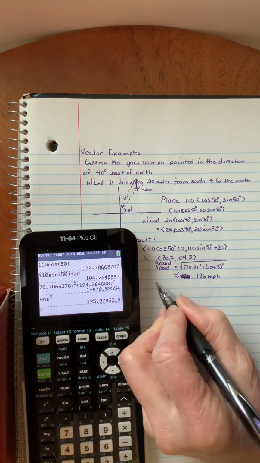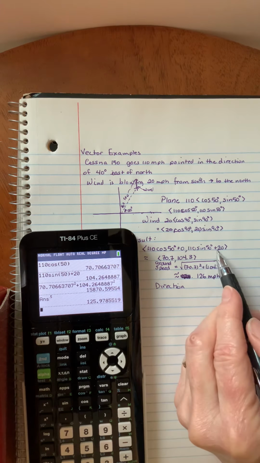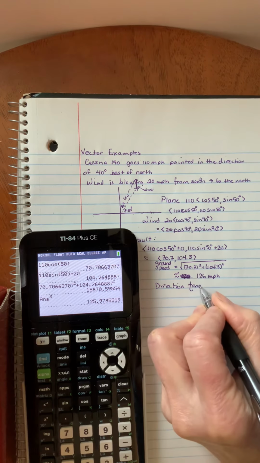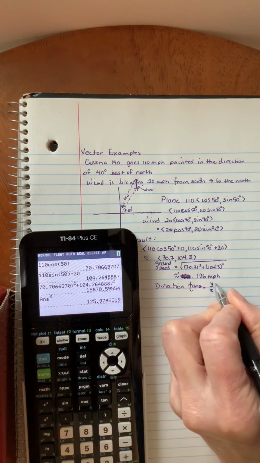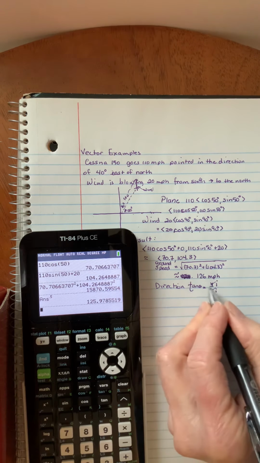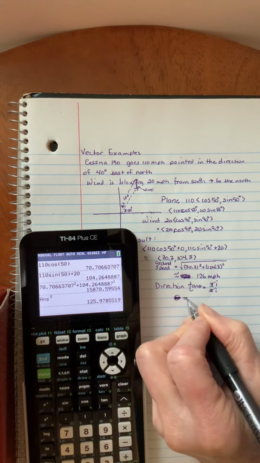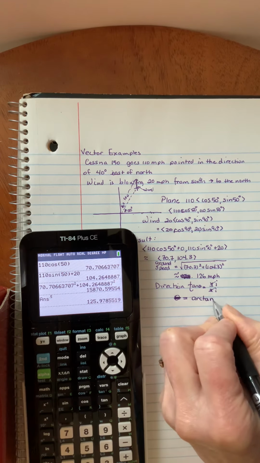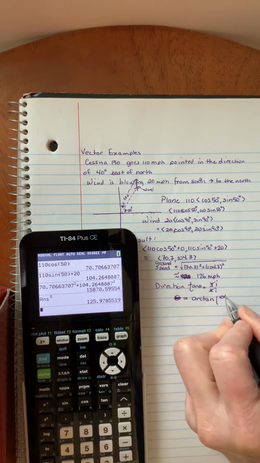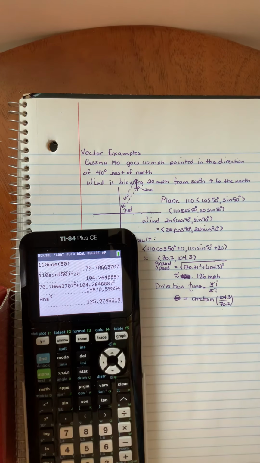Now what's the direction? We need to know the direction. The direction, here is the y part and here's the x part. Why don't we take the tangent of theta is equal to the y over the x, or the j part over the i part, okay? So I'm going to literally do this all at once. I'm going to say theta is equal to the arctan, and then I'm going to put these numbers, okay? 104.3 over 70.7, and I could take the more exact ones.